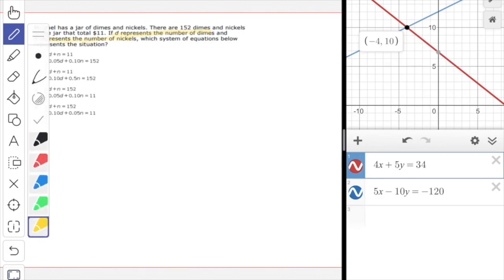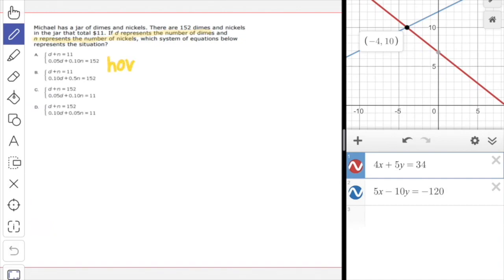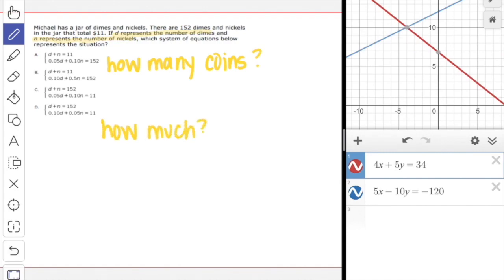Now the other thing that we have in this problem is they've talked about two categories. They've talked about the how many equation, so like how many coins, okay? And they've talked about the how much equation, so how much is each one worth. So we're going to be writing two equations to represent that.